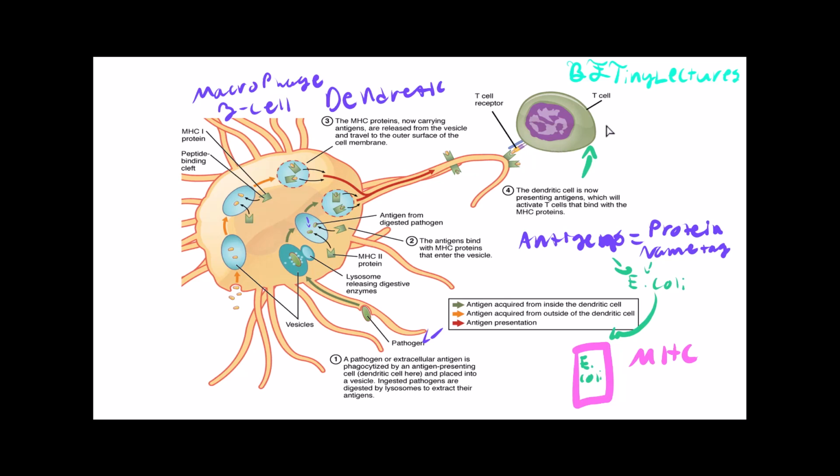So this T cell can release little signals, and these signals right here are called cytokines. What cytokines do is that they are messages for other immune cells. So when the T cell receives this piece of paper with E. coli, it's going to release cytokines. And it says, hey, there's a message right here.